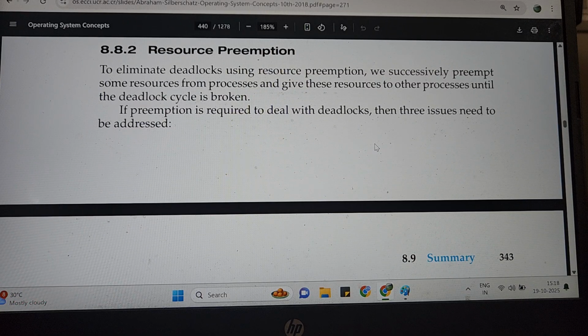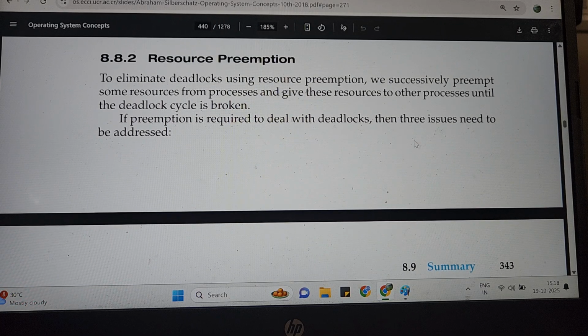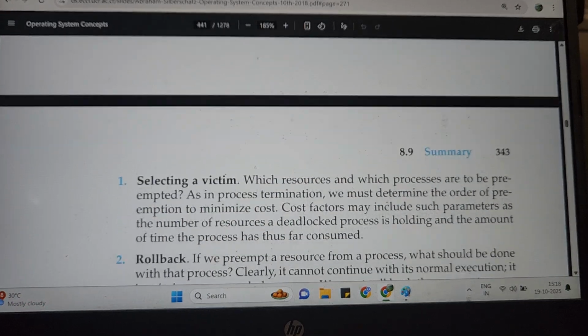But when you know there is explicitly an argument between you and someone, it's a good idea to be the bigger person for your own well-being. So you don't have to give up your resources every time someone else wants the same resource. But if there is a deadlock, then you can give up your resources, you can preempt.